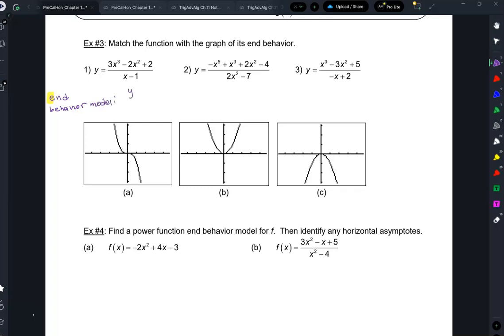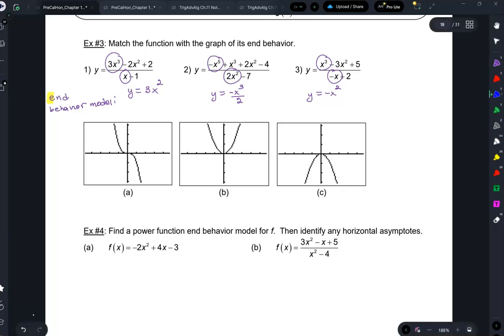So here, okay, you have to say y equals leading term, 3x squared. Cool? Here, y equals, what is that? Negative x cubed over 2. Y equals negative x squared. Cool?